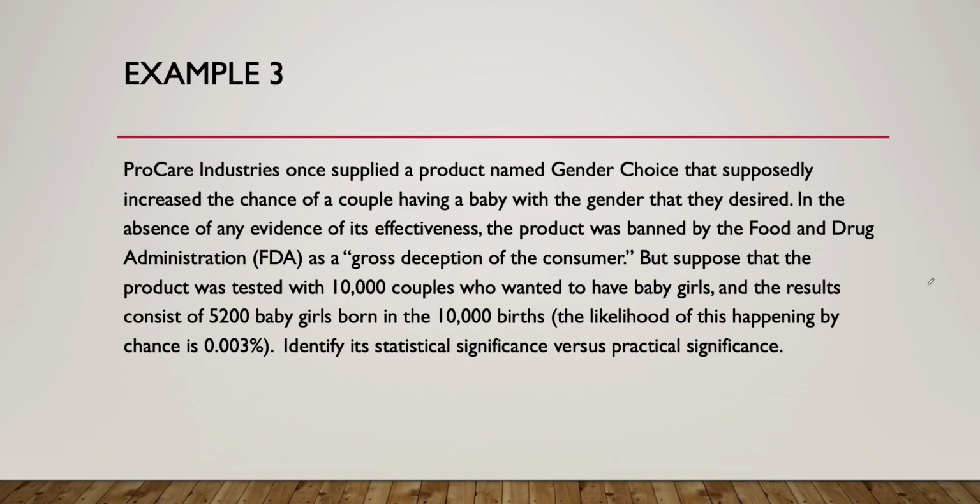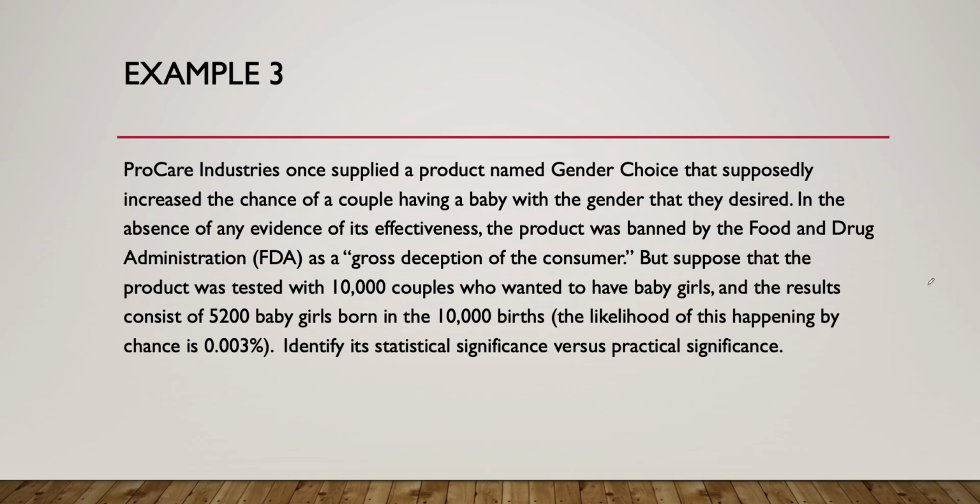And then finally, Procare Industries once supplied a product named Gender Choice that supposedly increased the chance of a couple having a baby with the gender that they desired. In the absence of any evidence of its effectiveness, the product was banned by the Food and Drug Administration, or FDA, as a gross deception of the consumer.